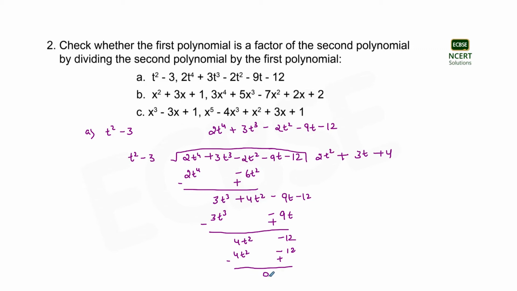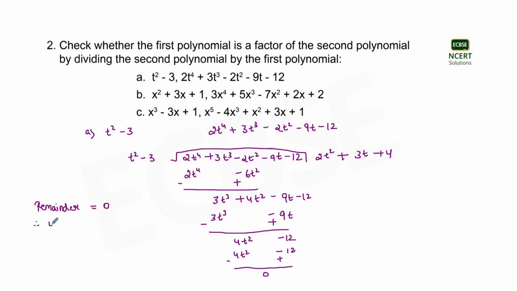As 0 has been obtained by the long division method as a remainder, what it means is that t square minus 3 is a factor of the second polynomial provided in part A, which means that we can write: remainder is equal to 0.